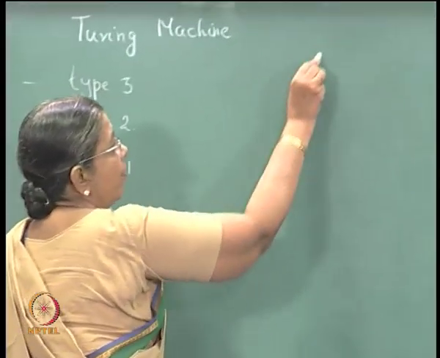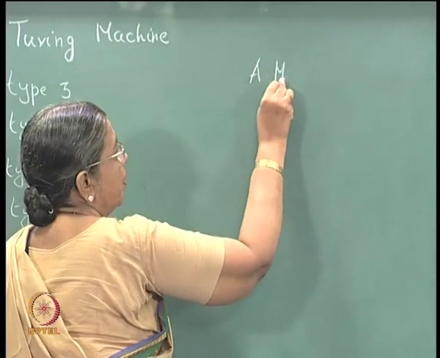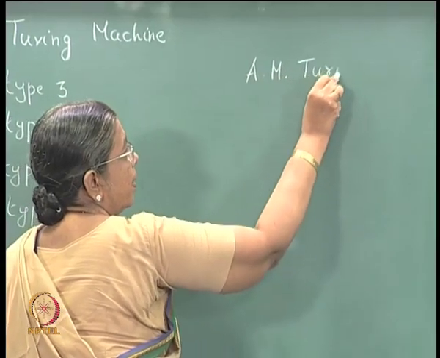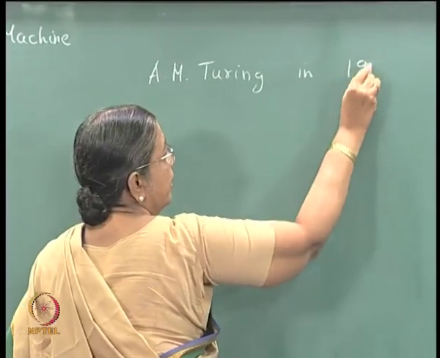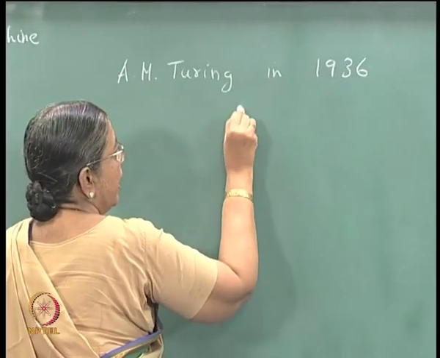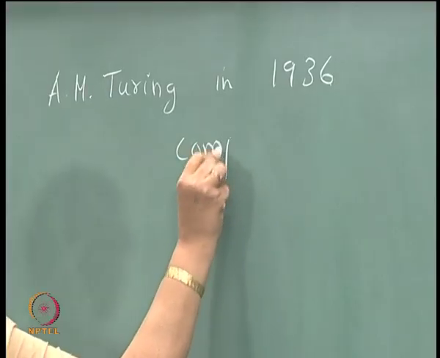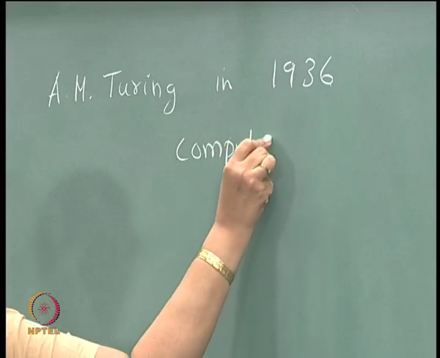The machine model was defined by A.M. Turing in 1936, and he called the basic model a computer. He just called it a computer.